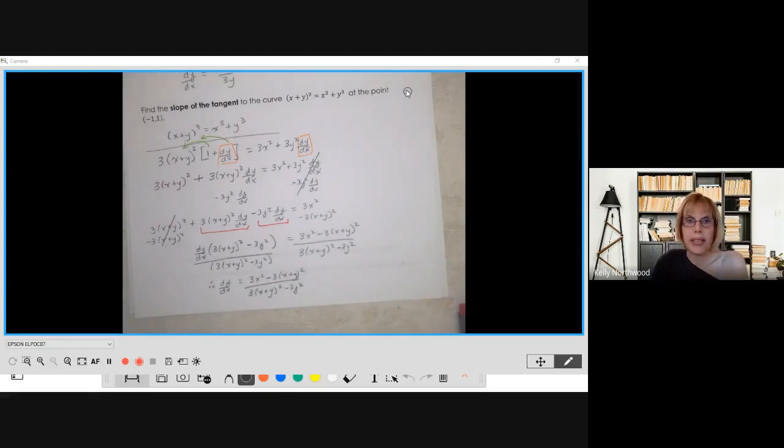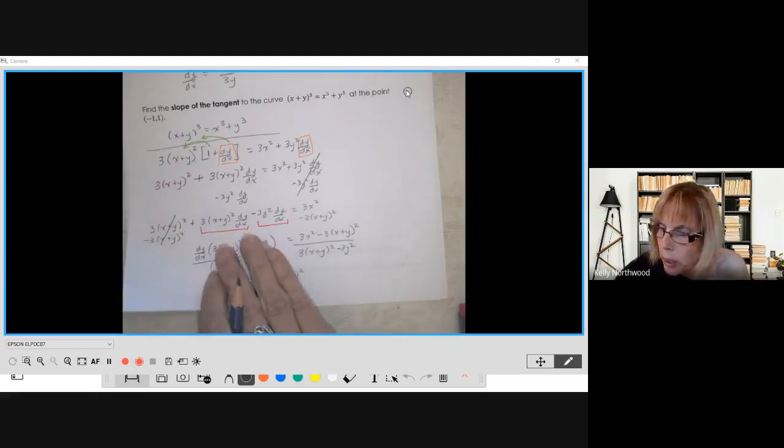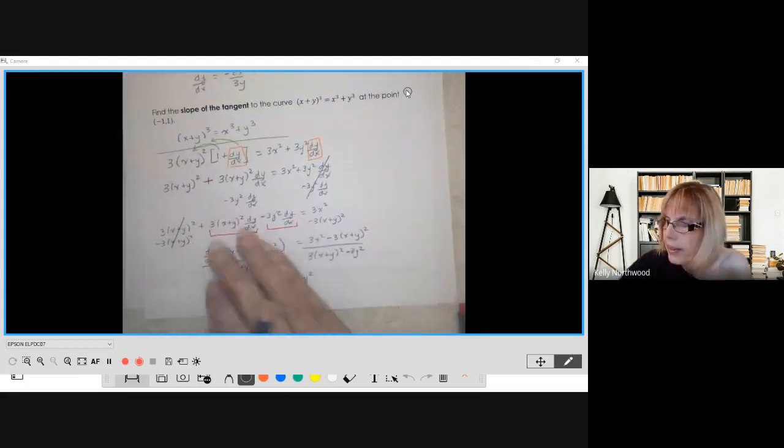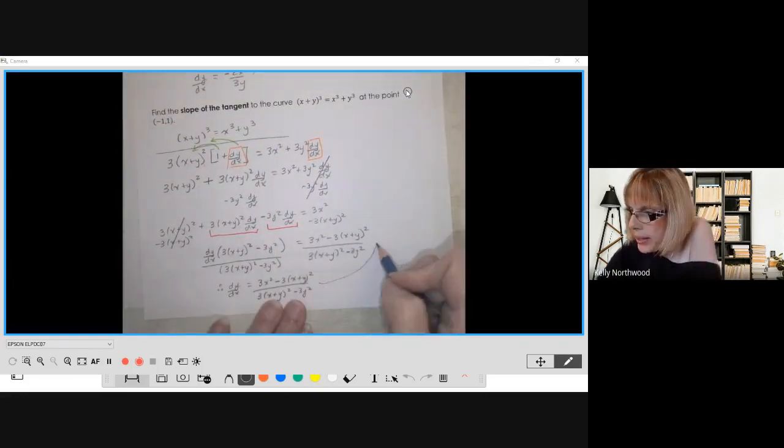But I want to find the slope of the tangent at the point negative 1, 1. So I'm going to come up here and write small.